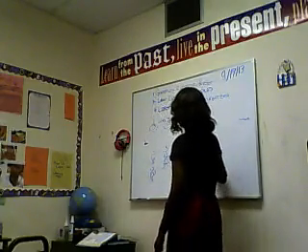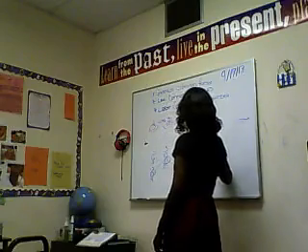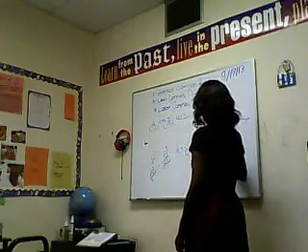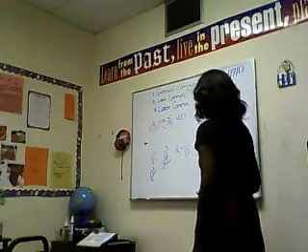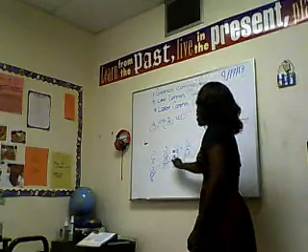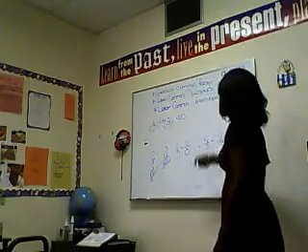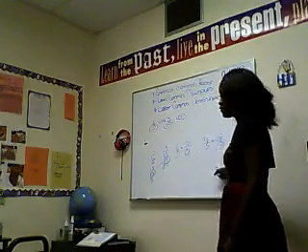So 5 times 1 is 5. What times 5 equals 15? 3. 3 times 4 is 12. So 1/3 is equal to 5 over 15, and 4/5 is equal to 12 over 15.